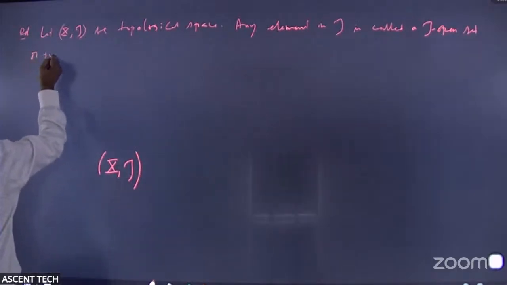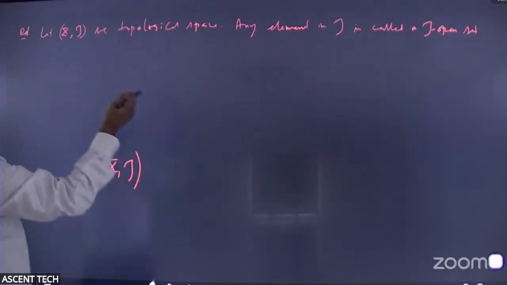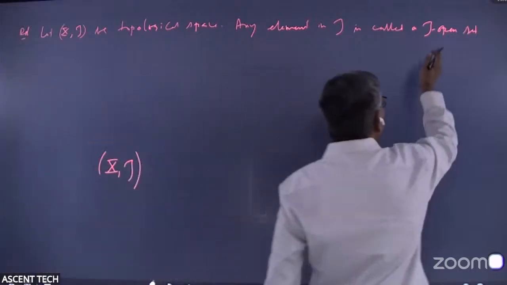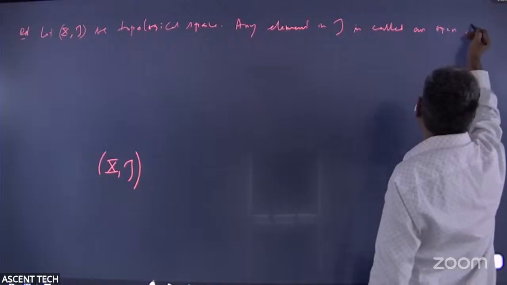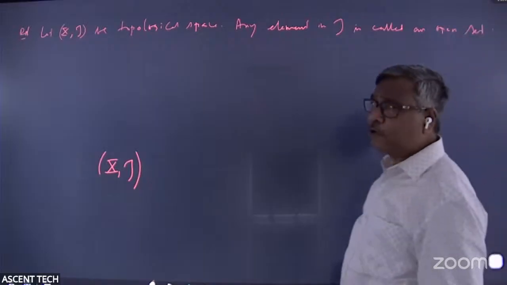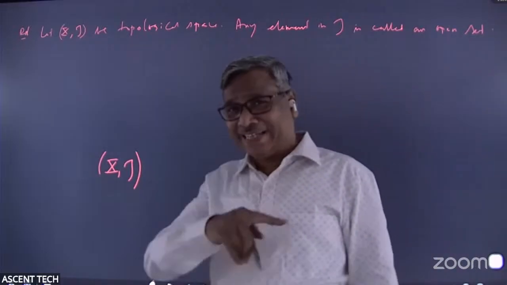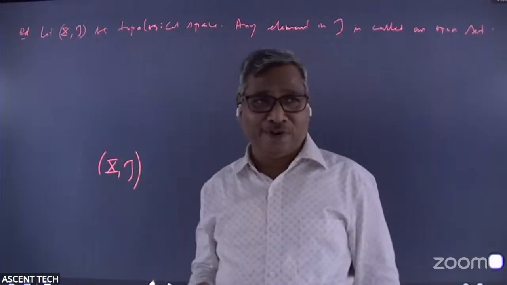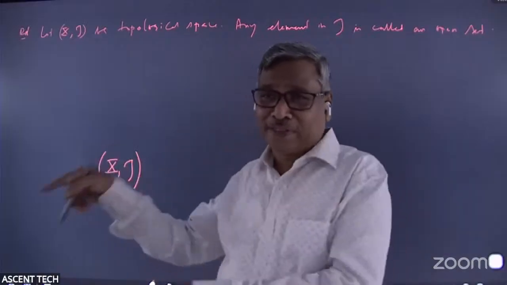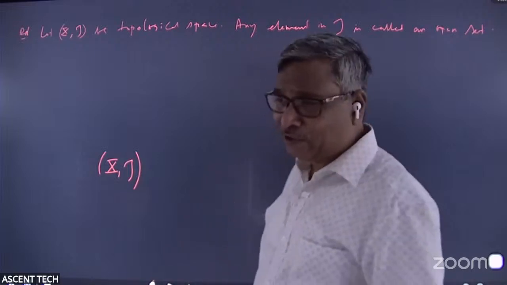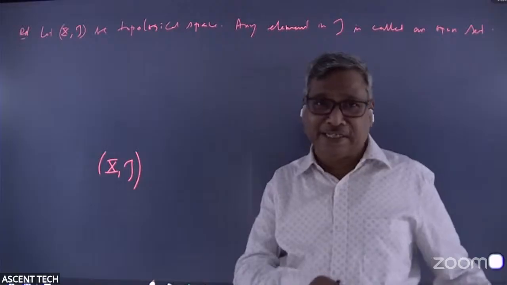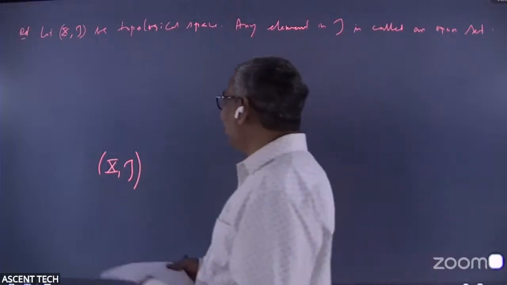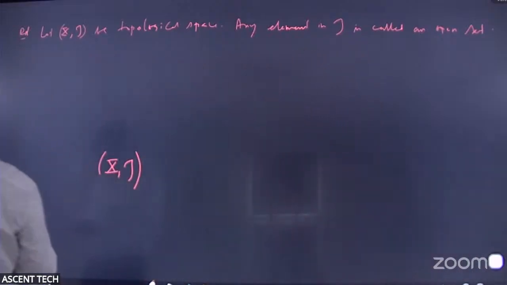Any element in T is called an open set. We say T-open set also in case X has two topologies T1 and T2. Is it an open set from T1 or from T2? That is also important. So in that case, I say it is a T1 open set and that is a T2 open set. One open set in this may not be an open set in that. Very soon you will understand that.